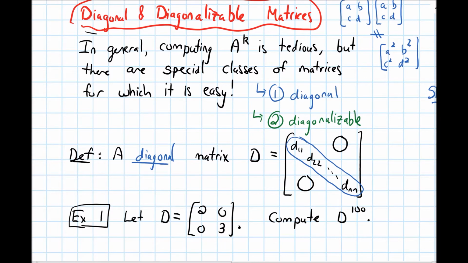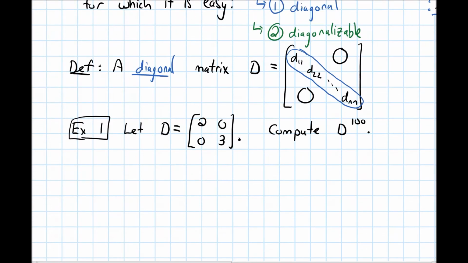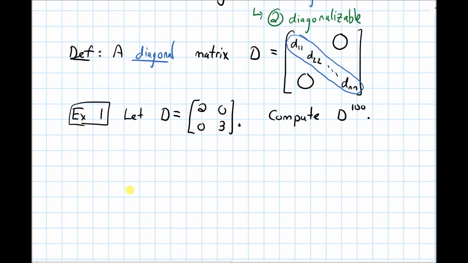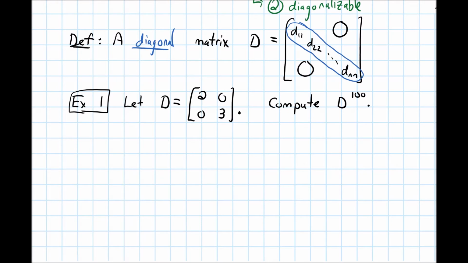So let's do an example. Let's say that D is this diagonal matrix, 2, 0, 0, 3. Now let's compute D to the 100 and see that this is actually easy to do. Let's begin with D squared, which is our matrix times itself.